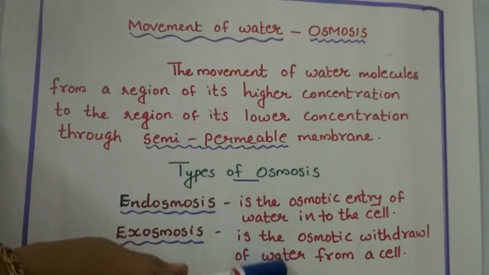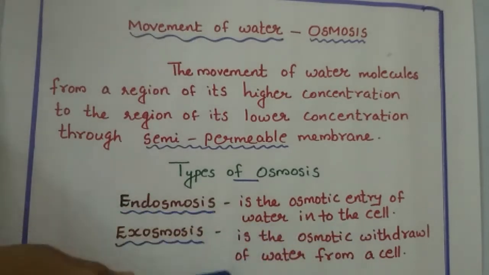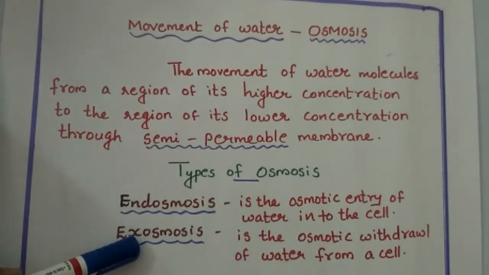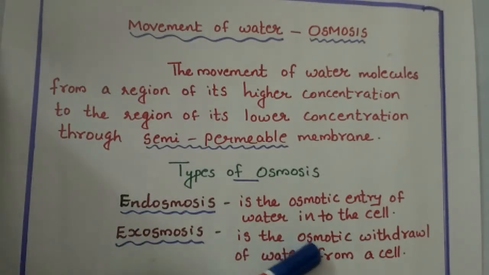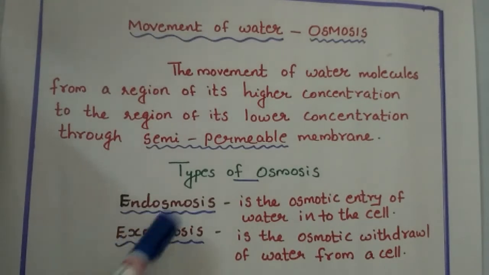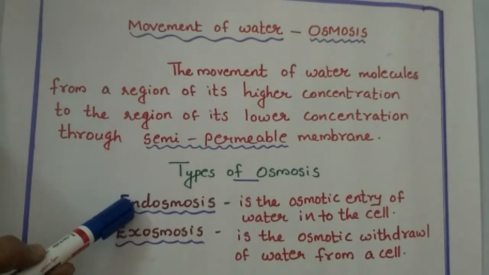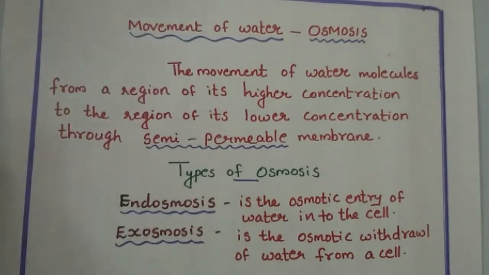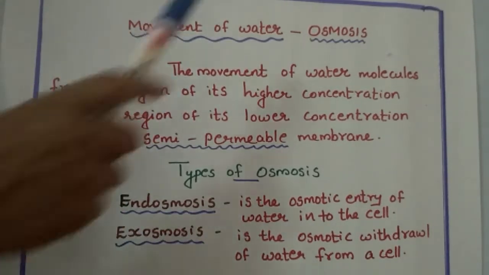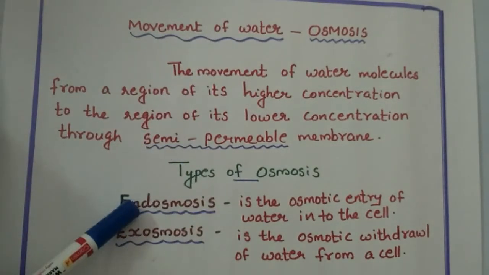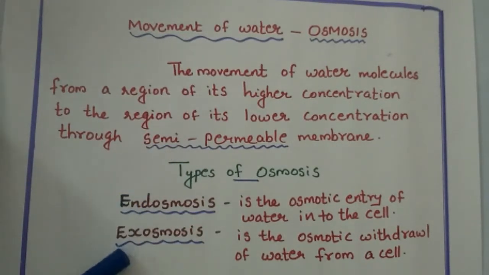If the water molecules withdraw from the cell, that is called exosmosis. So once again, exosmosis is the osmotic withdrawal of water from a cell. If water molecules enter into the cell, it is endosmosis. So that's about osmosis. Once again, what is osmosis? Types of osmosis, endosmosis and exosmosis.